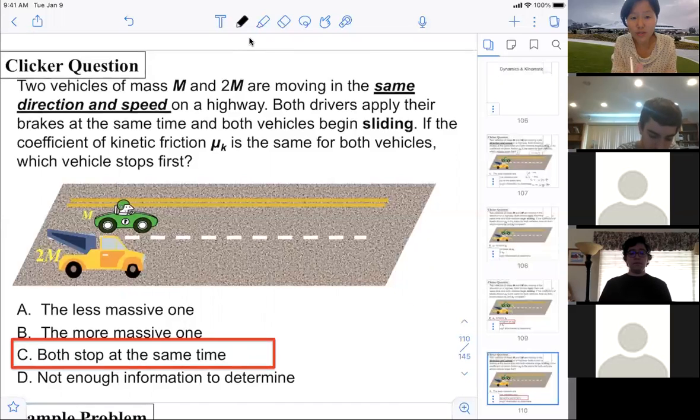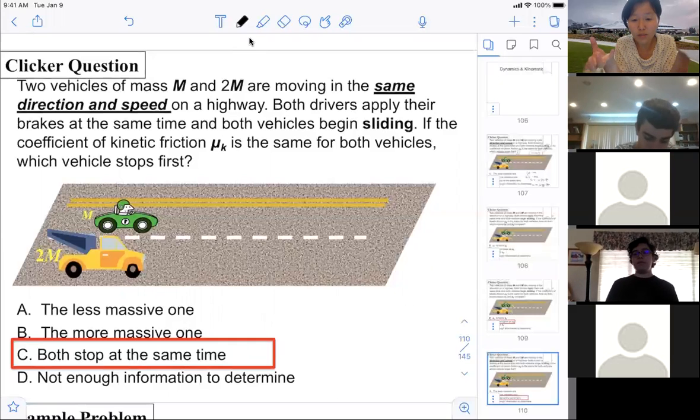This is also very similar to free fall. We have different objects with different masses, you let them go, and they drop to the ground. That's the experiment Galileo performed.